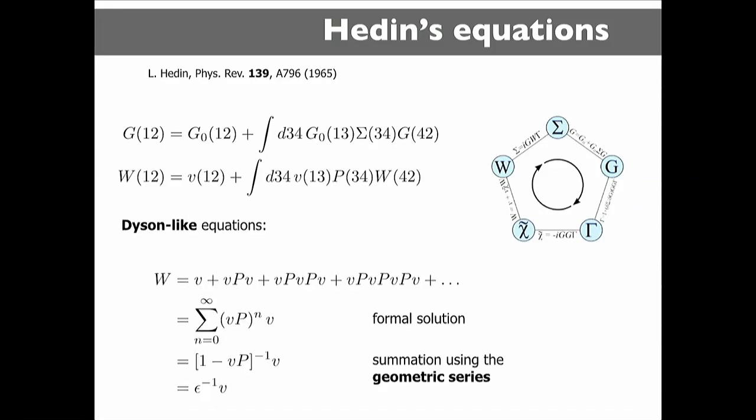Mathematical note, all these Dyson's equations can be cast in the form of geometric series. This form here that you can resum, and if you sum the series, you exactly end up with the formal solution of these equations. Importantly, I tried a couple of times to do this, and this works pretty well if your VP is small.